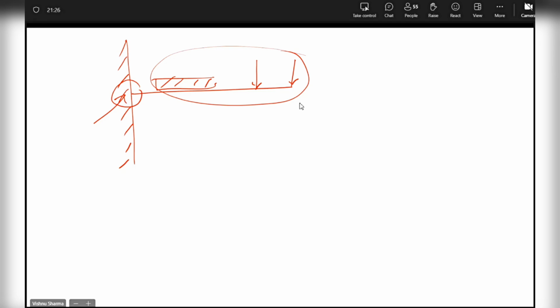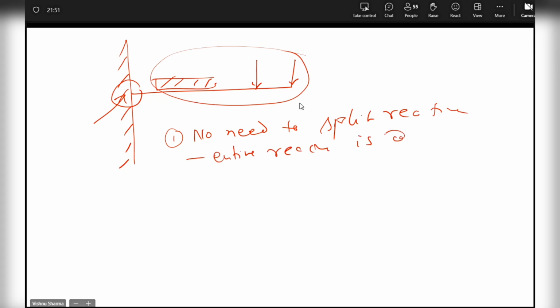So with respect to the beam that you know, the first thing is there is no need to split the reaction. The entire reaction is at the support. Okay, that makes it easier.